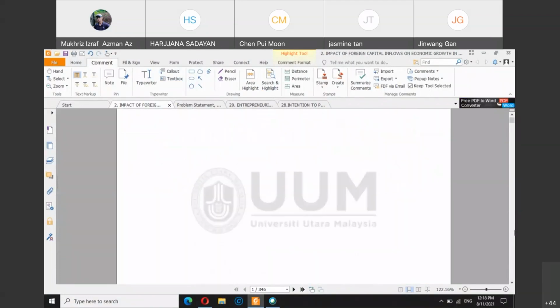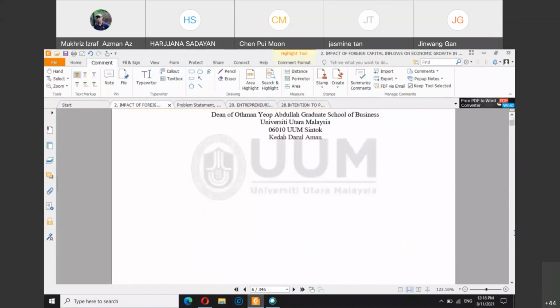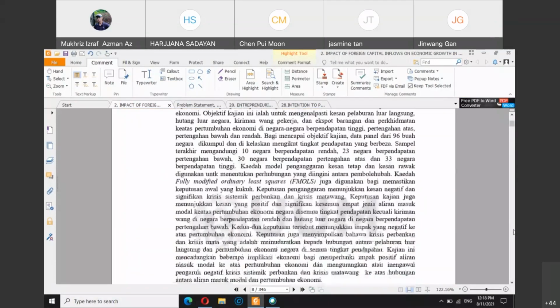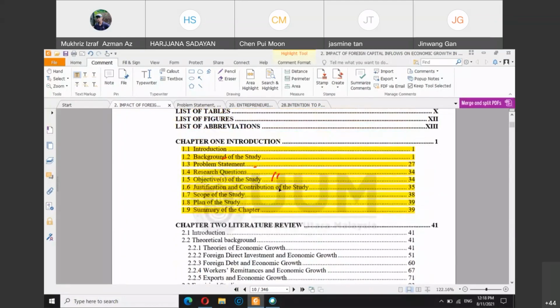And if you look at the structure of chapter 1, after you have done with your research question and research objective, which I think is very simple to do in just a few sentences, you can see that after that is 1.6, which is justification and contribution.